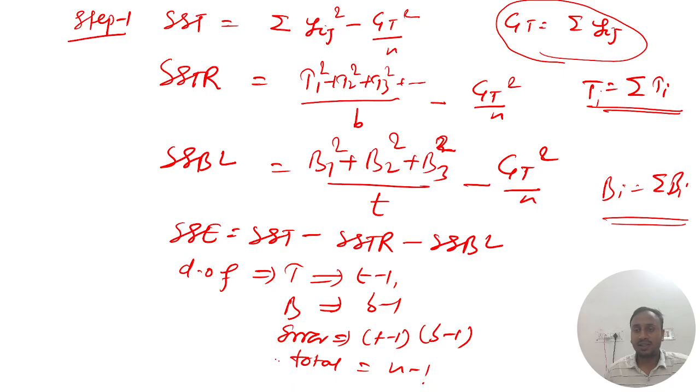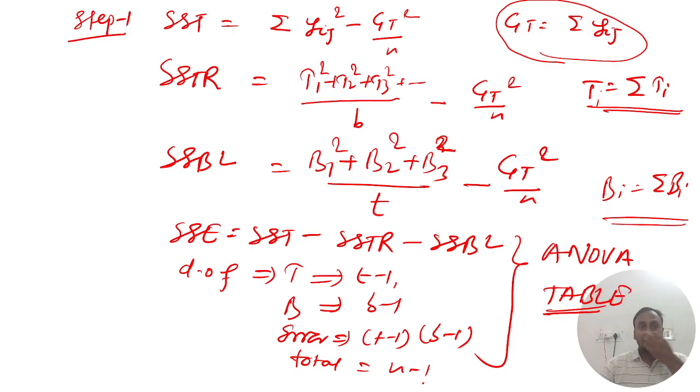After that, based on that, we can make the ANOVA table. Okay, so this was the overall procedure for RCBD.